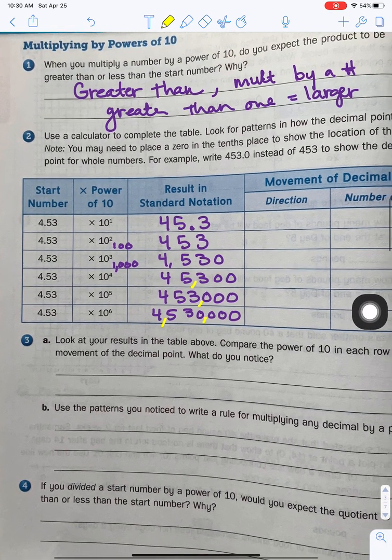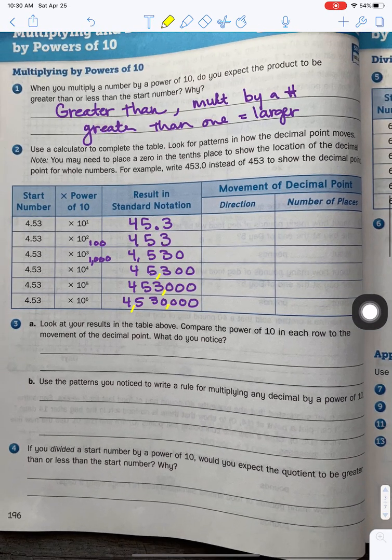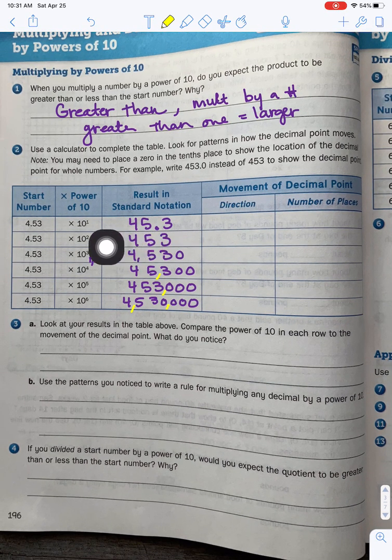So let's take a look at the movement of the decimal point. It was 4.53, and then it moved to 45.3. Looks like the decimal point moved one place to the right. Looking at the rest, the decimal point moved 1, 2, 3, 4 places.